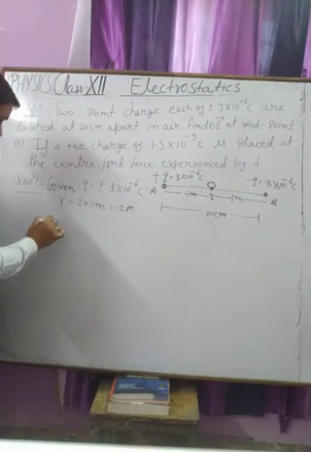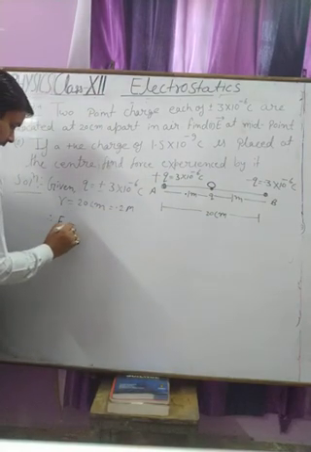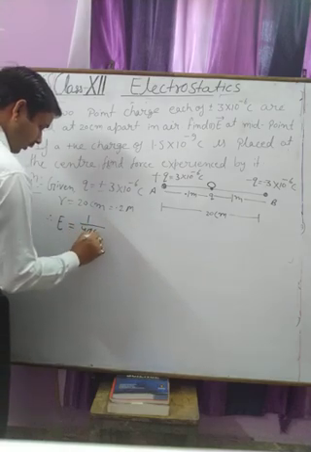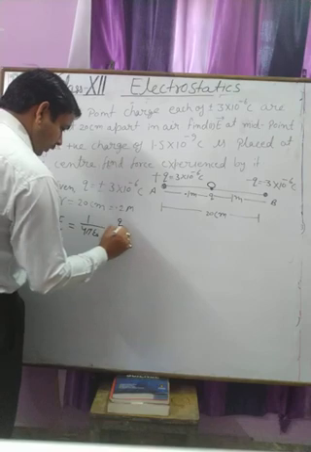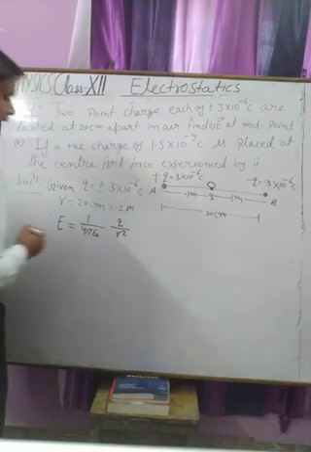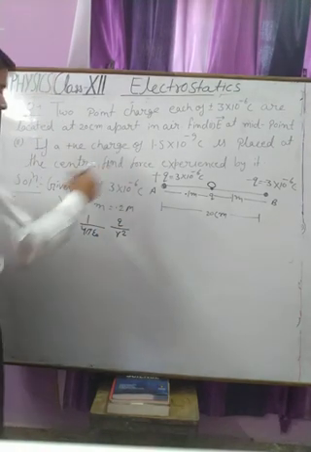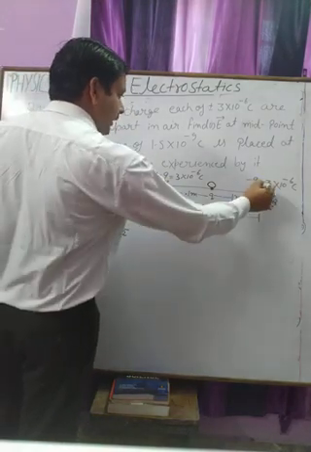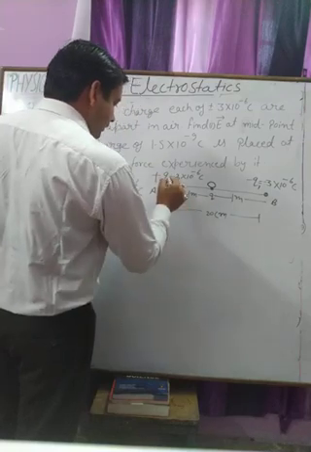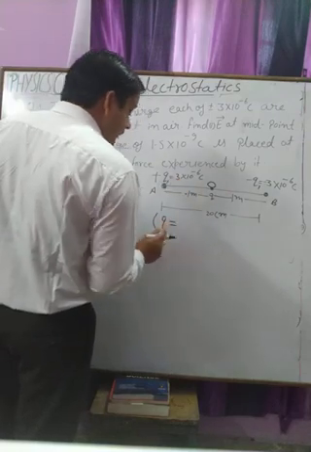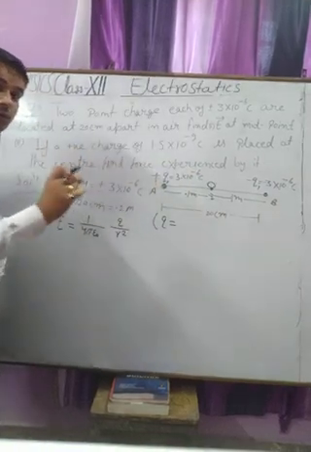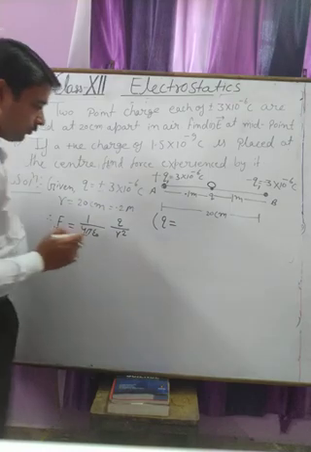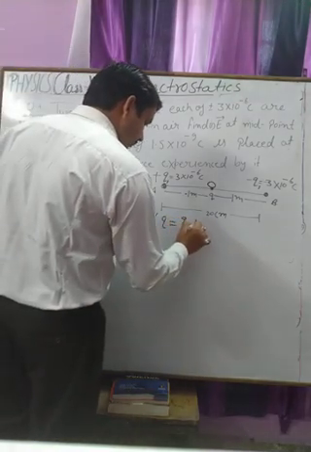Therefore we have the formula of electric field, that is 1 upon 4 pi epsilon naught Q upon R square. Here, we take Q1 and Q2, the total charge due to which a force is experienced at point O, that is Q1 plus Q2.